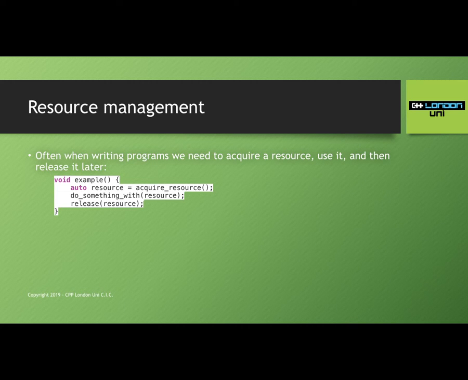I reckon anybody who's done any sort of non-trivial programming has written something that goes like this. Acquire a resource, use it in some way, release it once we've finished. This is an incredibly common pattern.